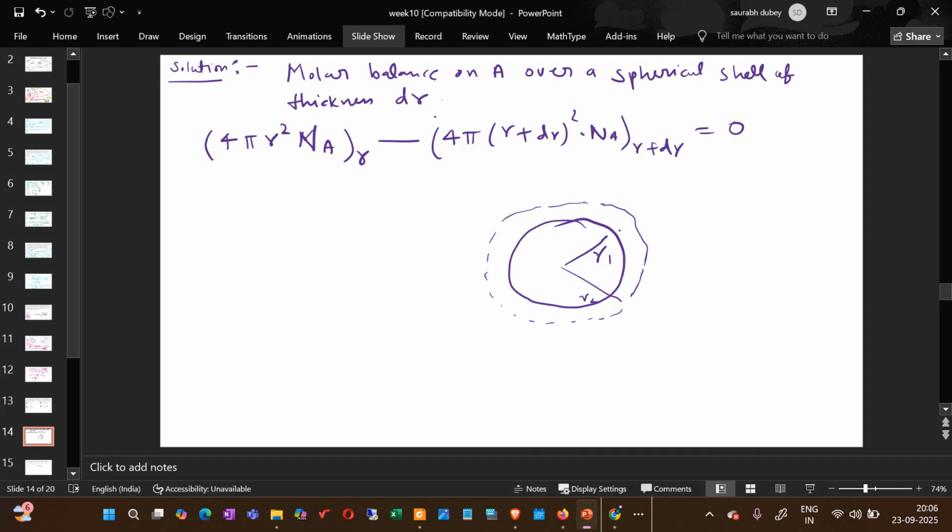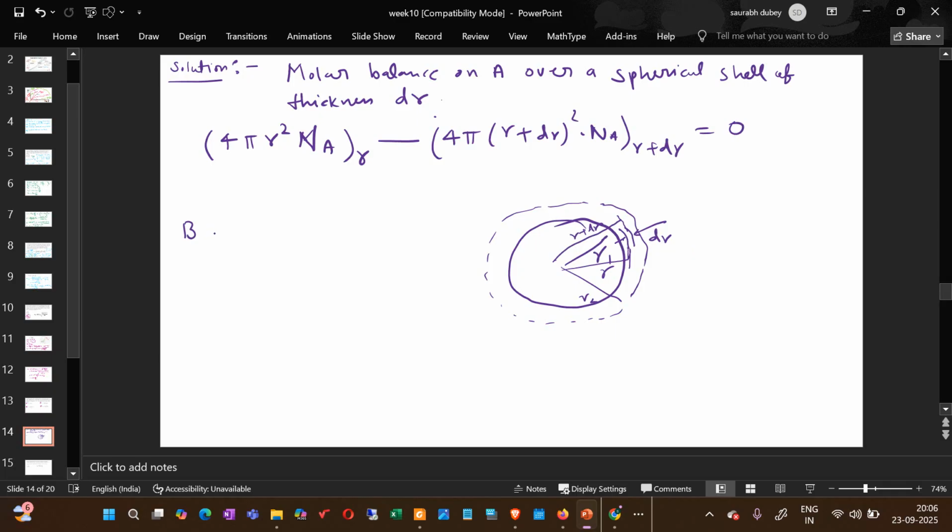In between here, if you consider a thickness dr of this cell, at a first location r, and then it is r plus dr, right? So here the boundary condition is what?